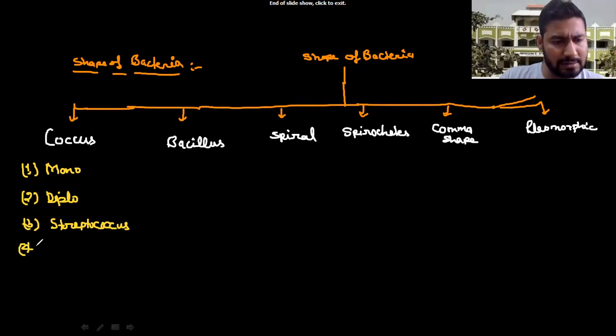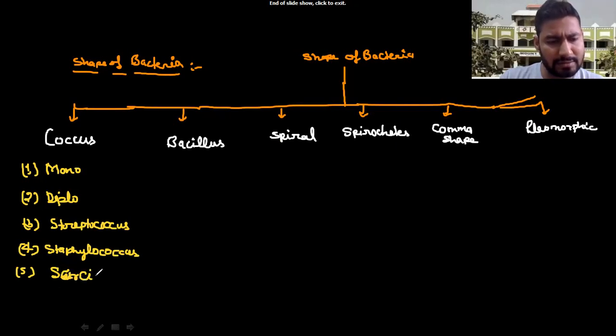Fourth one is staphylococcus, and one more, the last one, which is known as Sarcini, a tube-like structure. Okay. So this is the coccus. They have classified it into monococcus, diplococcus, streptococcus, staphylococcus, and Sarcini.